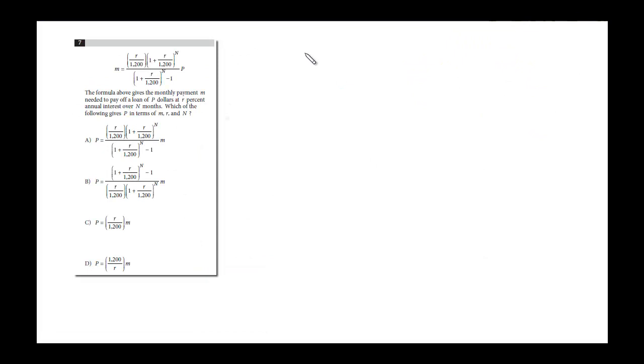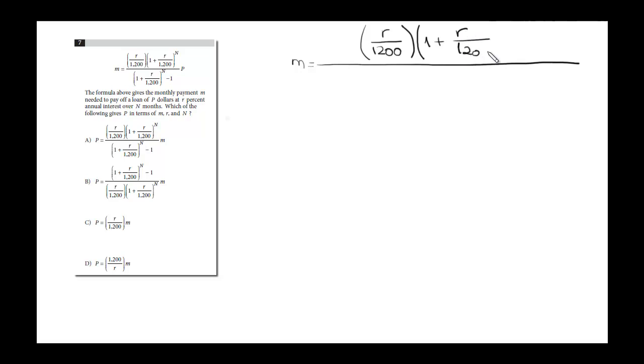Number 7 says that M equals fraction line, and we have R over 1200 multiplied by 1 plus R over 1200 to the power of n.